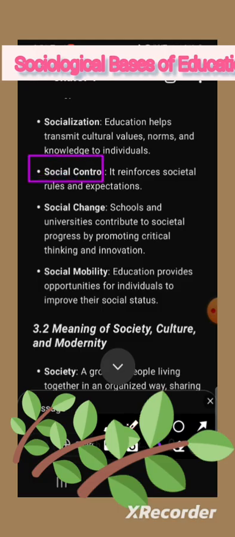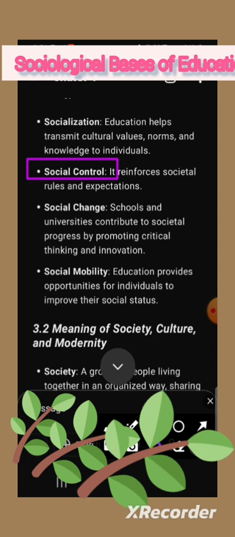Education and social control. Education helps maintain social order by instilling discipline, obedience, and conformity to societal norms.